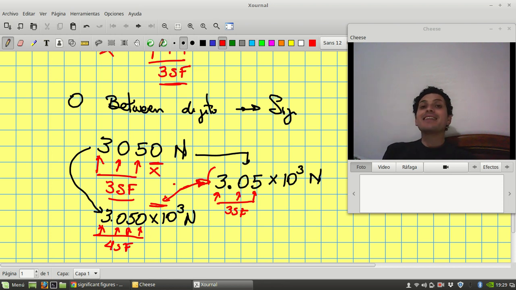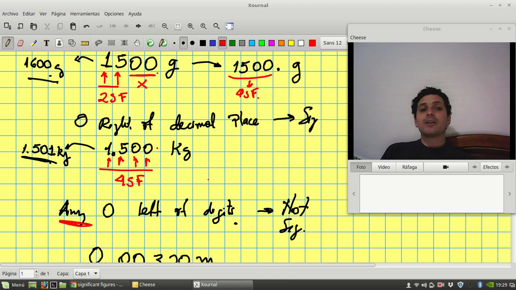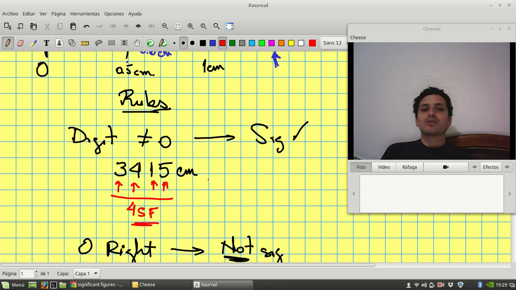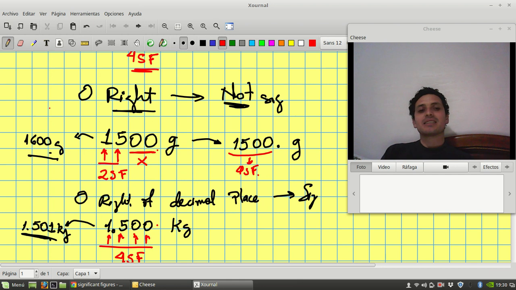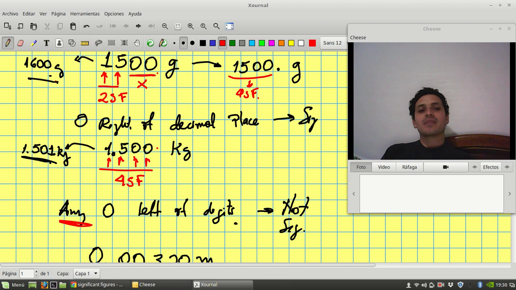And this is why it is important to use significant figures in physics and in science, because it talks about the measurement. So remember, there are 5 rules for significant figures. The first, digits different than 0 are significant. Second, zeros to the right, not significant.